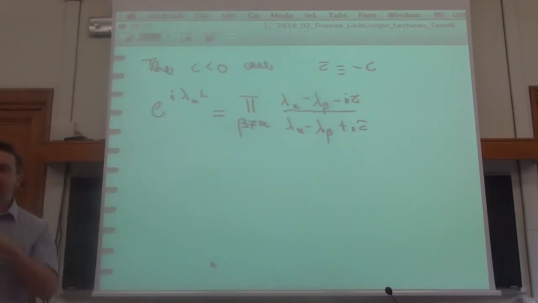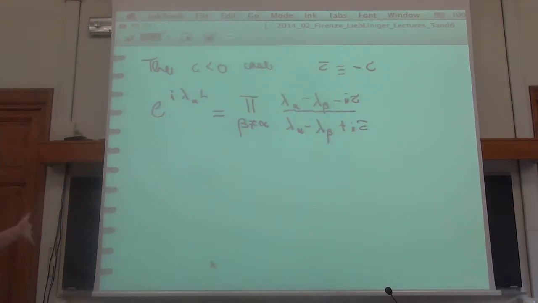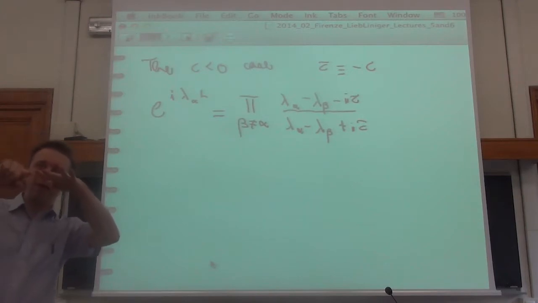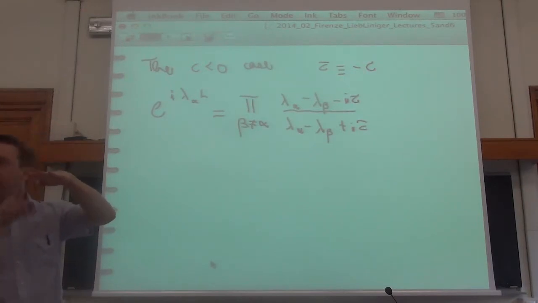Conversely, if the imaginary part of lambda alpha is negative, then the left-hand side blows up to infinity, and then you need to have a cancellation in the denominator. That means that there should be a lambda beta such that the imaginary part is C bar above that one. So if you've got an imaginary part here, then it wants to have a partner going down. And if it's under the real axis, it wants to have partners going up.